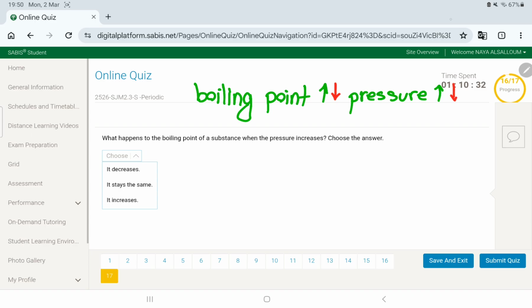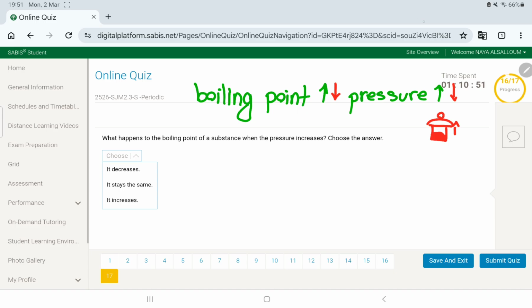Okay, this is why, guys, for example, when you're cooking something in a pot, it's gonna be better to close it, because here you're adding pressure, and eventually, let's say the water inside is gonna boil faster.